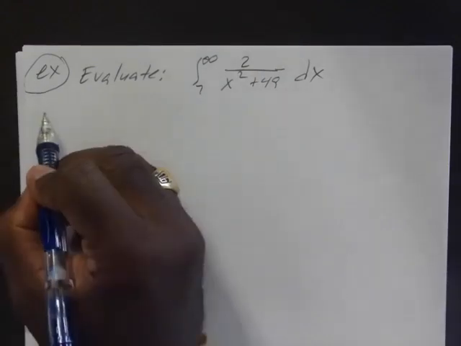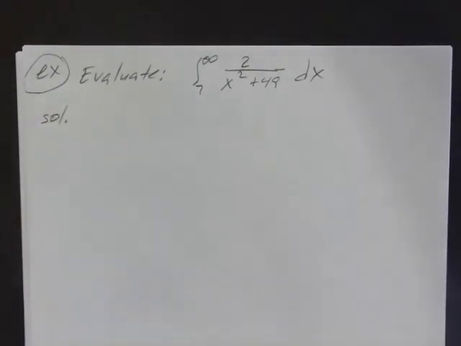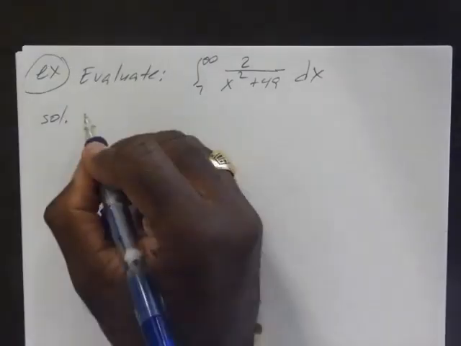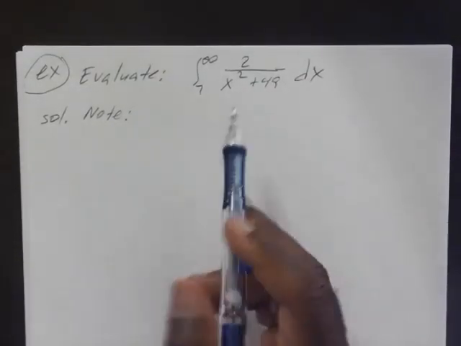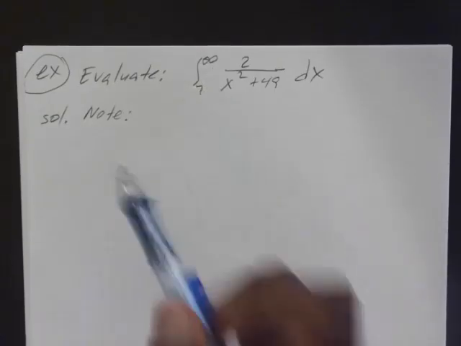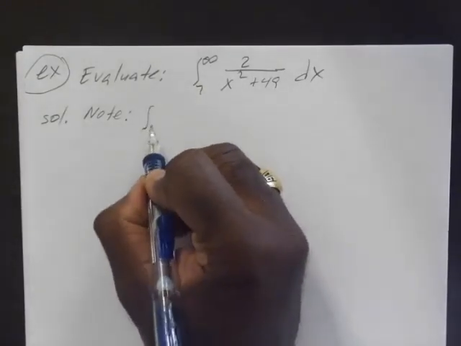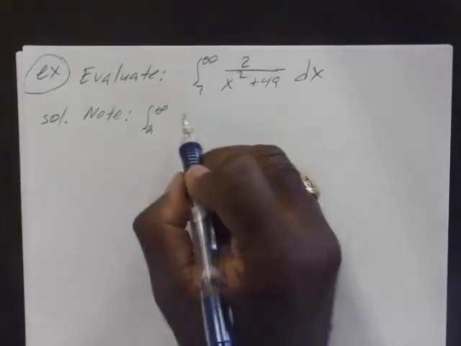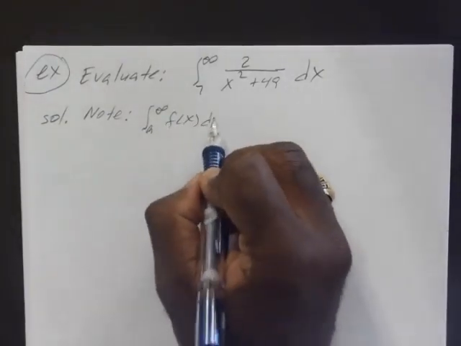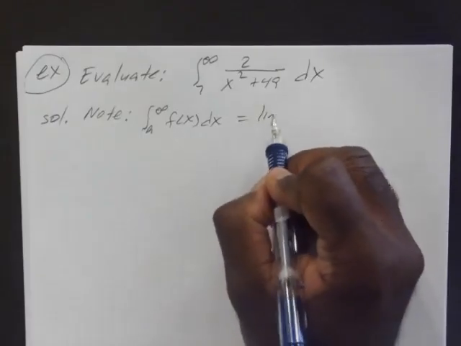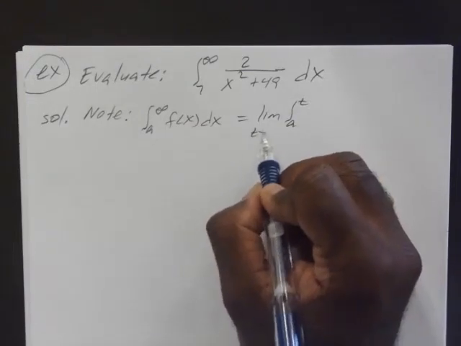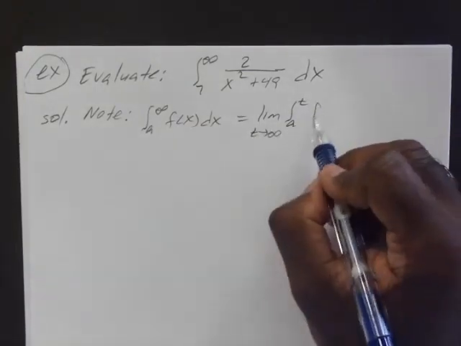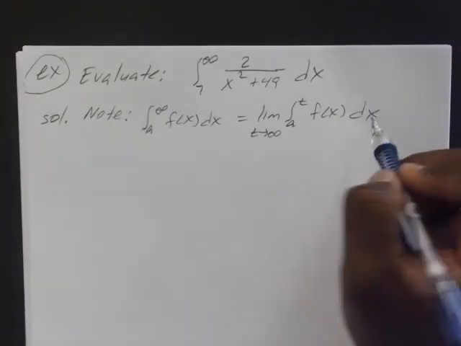Okay. So for this one, there were two formulas that you're going to want to remember for this particular problem. You have the integral from a constant to infinity. So that's the integral from a to infinity of f of x with respect to x is equal to the limit of the integral from a to t as t approaches infinity of f of x with respect to x.